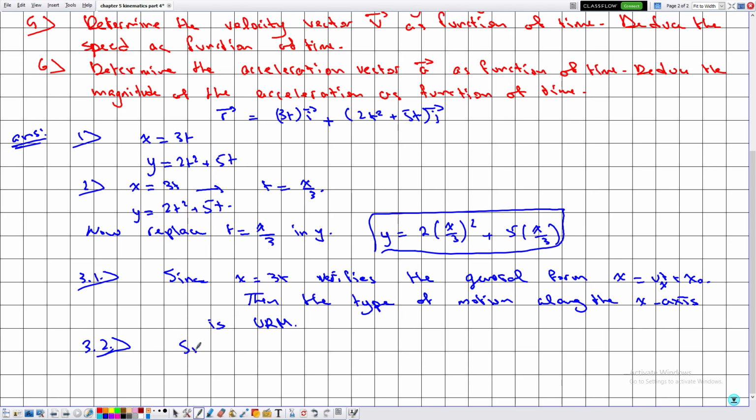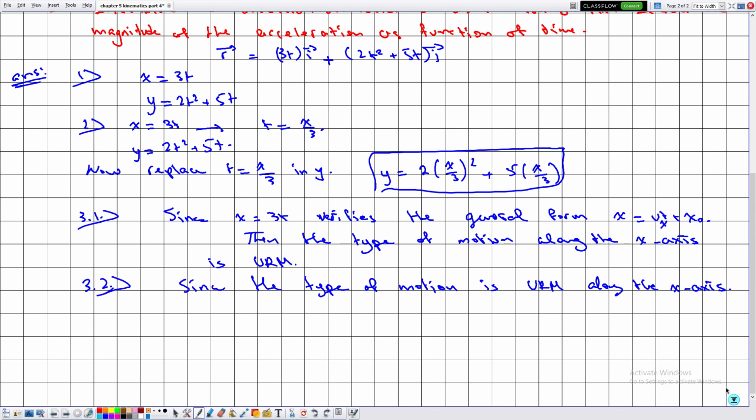So since the type of motion is URM along the x-axis, then the equations of motion regarding the speed and acceleration are given by v equal to constant and acceleration equal to 0.